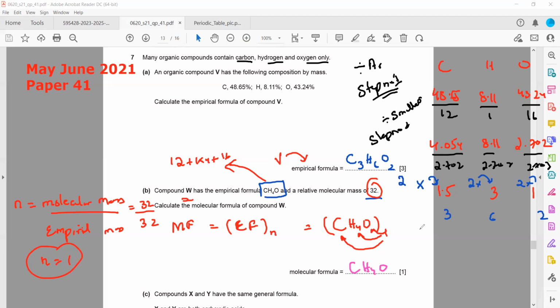It is the same because whenever empirical and molecular masses are the same, the ratio will be 1, and if 1 is multiplied by the empirical formula, we get the same answer. Is it clear, the discussion of finding the empirical formula and the molecular formula for a compound? Yes.